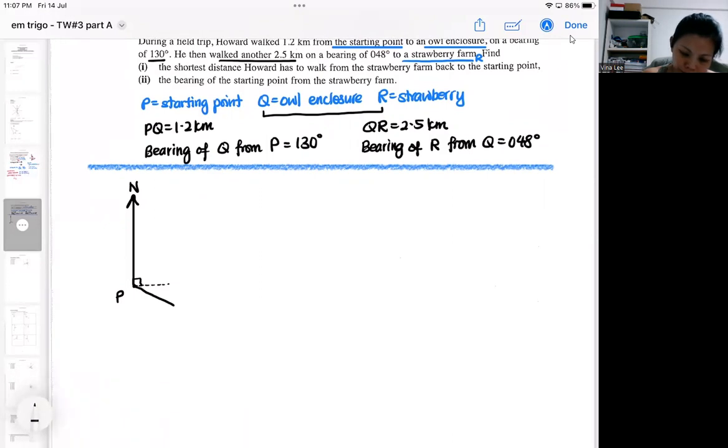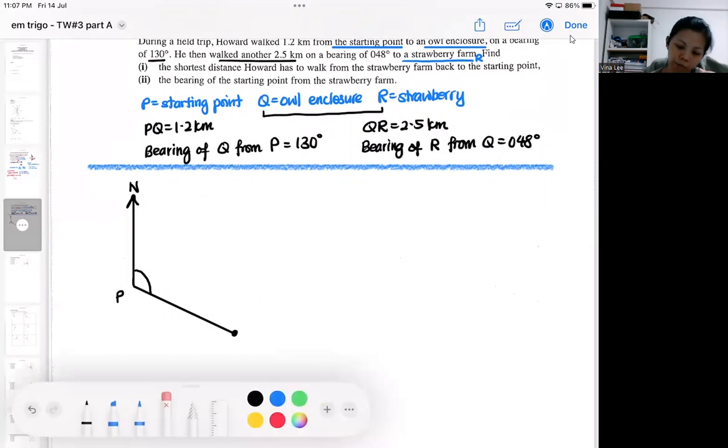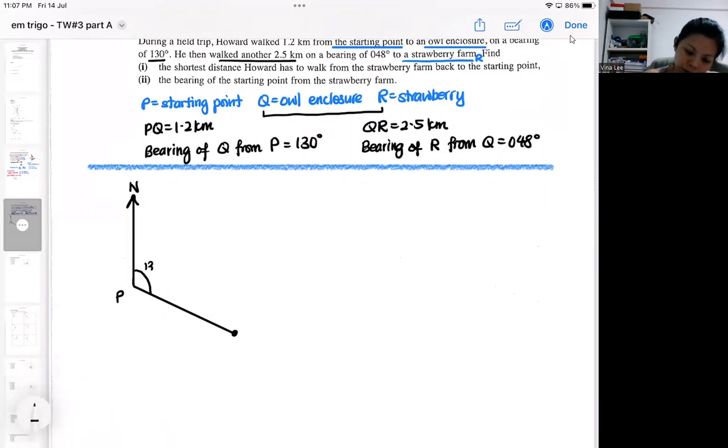You can roughly estimate. Just make sure it looks right. This one should look more than 90 degrees. So that will be the 130 degrees, and then this will be Q. And then the distance is 1.2 kilometers. So that will be the first part.